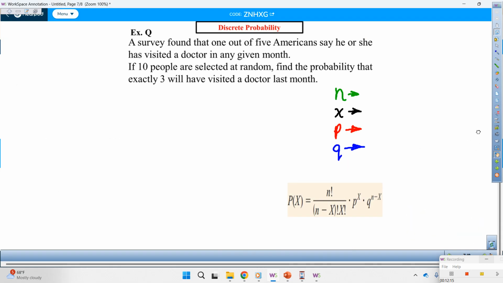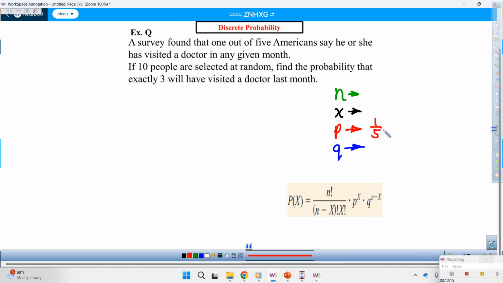Here it goes. First, let's read the problem one more time, and it reads, a survey found that 1 out of 5 Americans say he or she has visited the doctor. That's a success. So what would I write for P, everyone? 1/5.